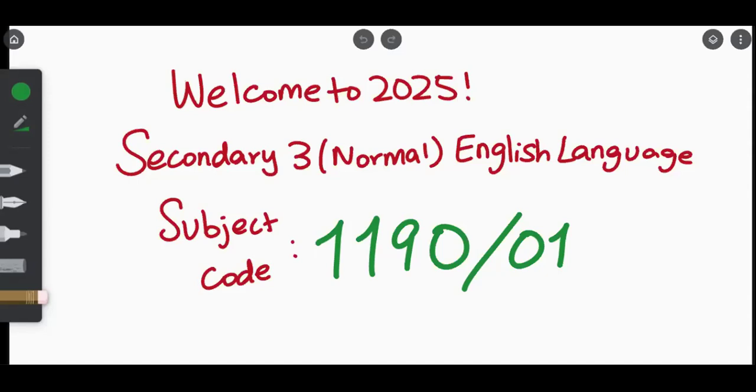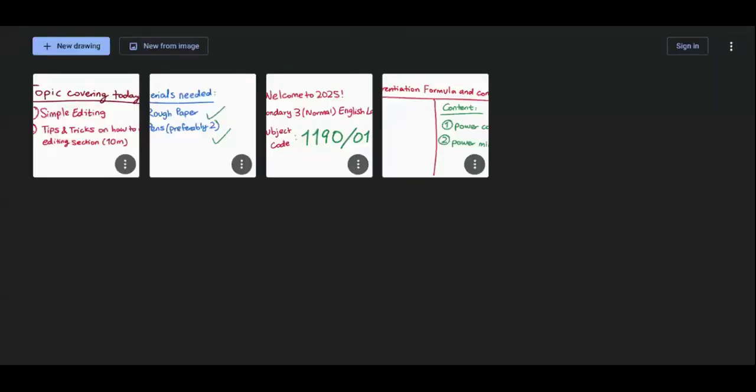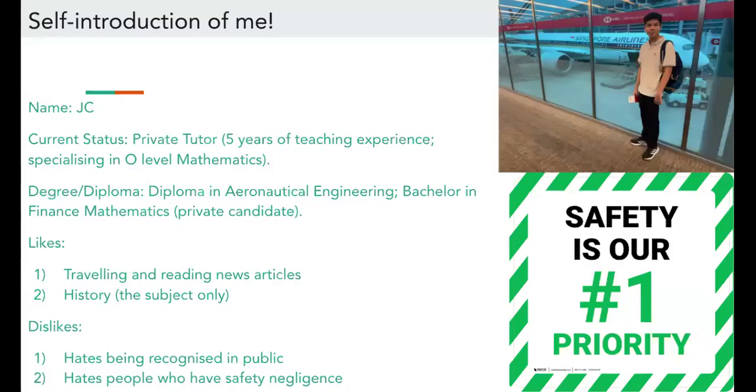Before we head on, let me do a very formal introduction of myself. Hello everybody, my name is JC. I'm currently a private tutor with about 5 years of teaching experience, specializing in O-level mathematics.